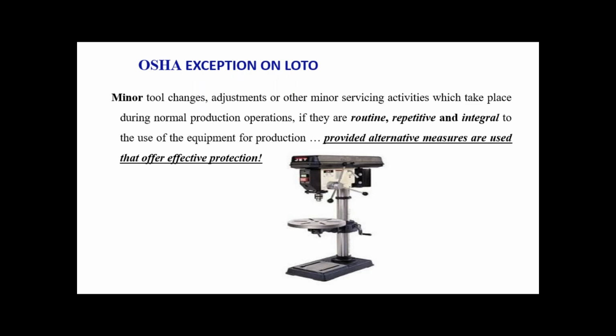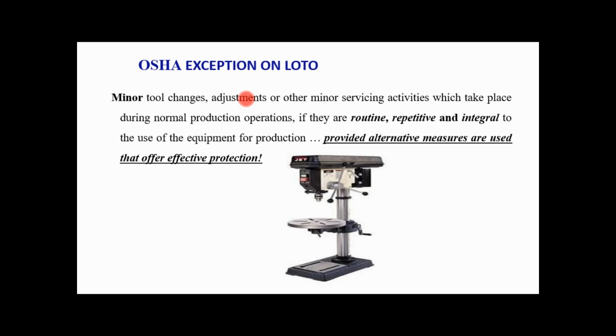Now there are some exceptions in the LOTO systems as far as OSHA is concerned. When we are doing activities like minor tool changes, like a drill or grinding tool, etc., these are called minor tools, and if you are changing these minor tools, then there is no need of LOTO. That is called an exception on the LOTO system as far as OSHA is concerned.